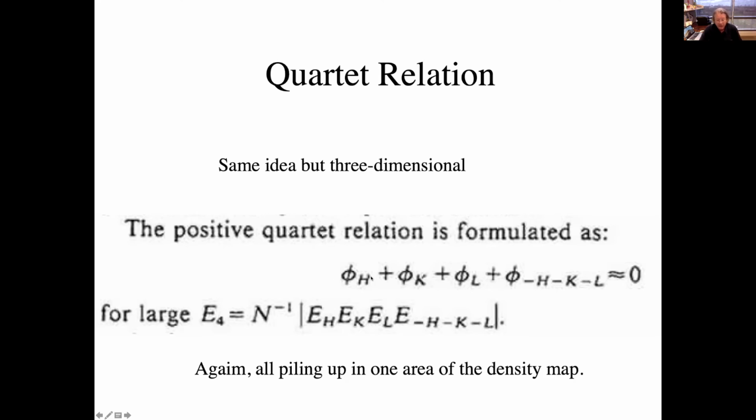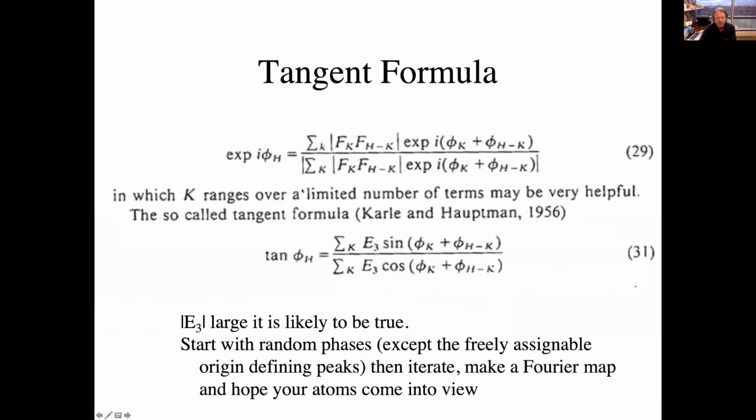The phases of the H, the K, the L, and the minus H minus K minus L reflections can be shown again to sum to 0 when E4, which is the product of these 4 E's, is large. So again, piling up in one area of the density map is the driving relationship.